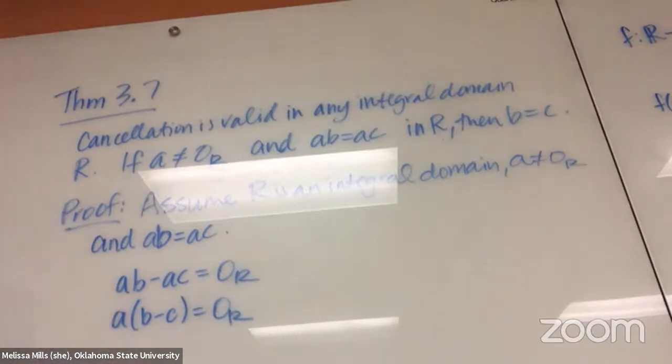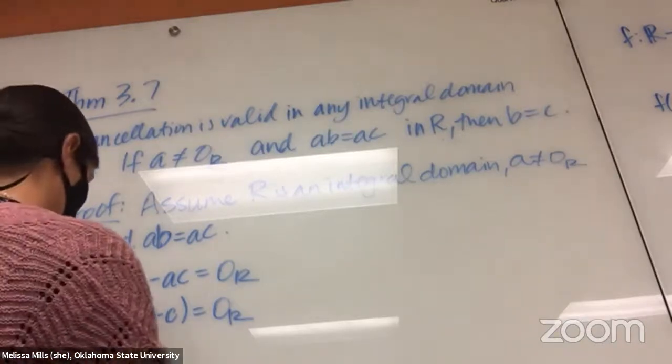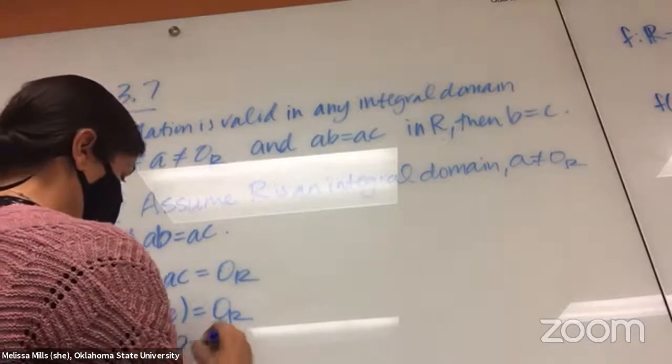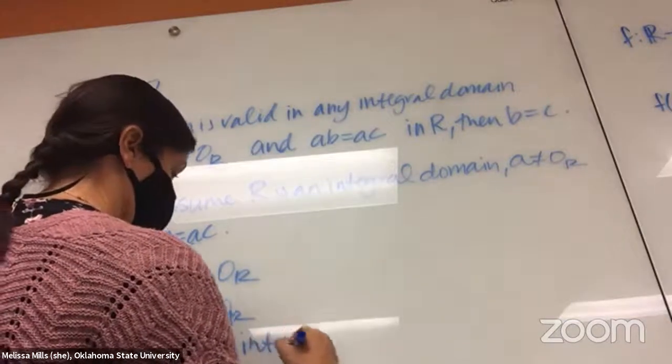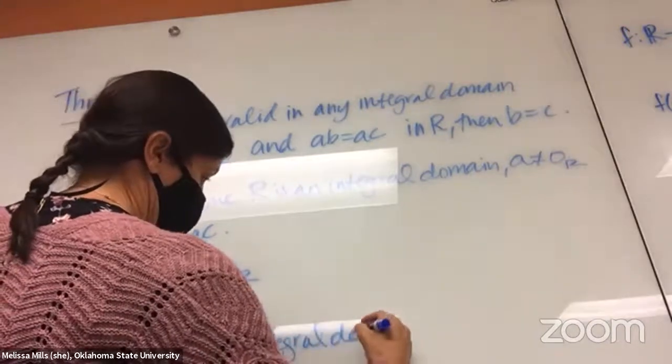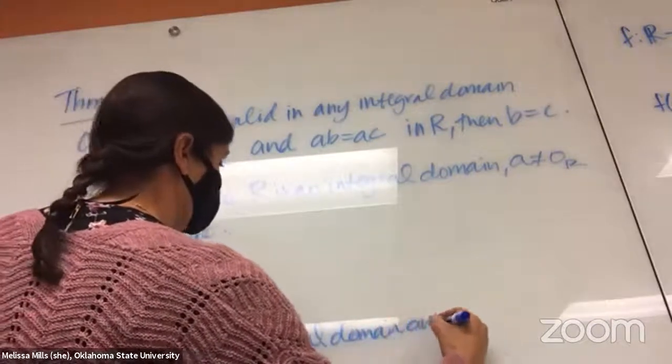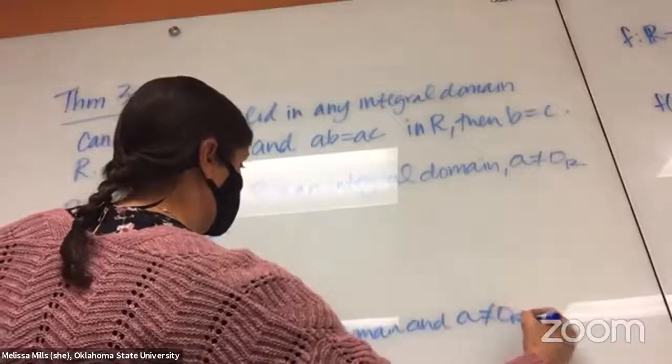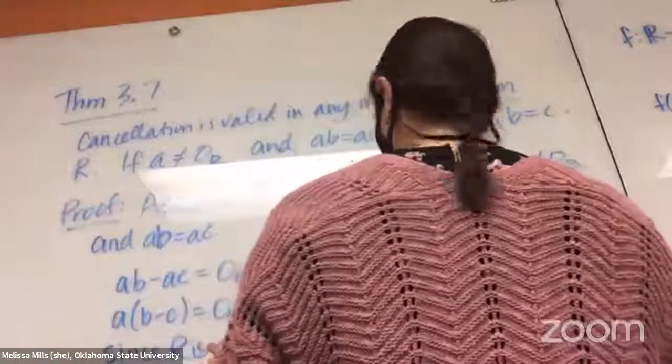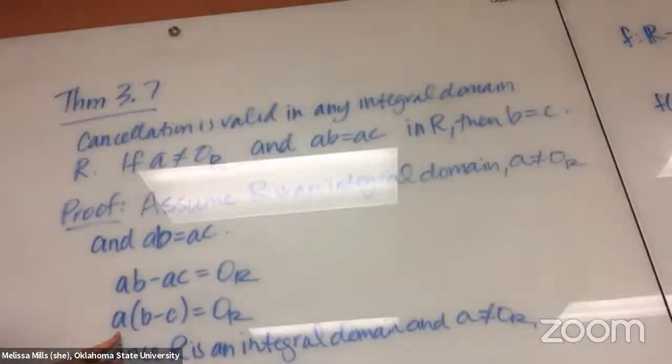And so since it's an integral domain, what does that mean? A can't be zero, and I've already assumed A is not 0R. So what else is true? B minus C equals 0. Yes, so since R is an integral domain and A is non-zero, A is not a zero divisor, right?